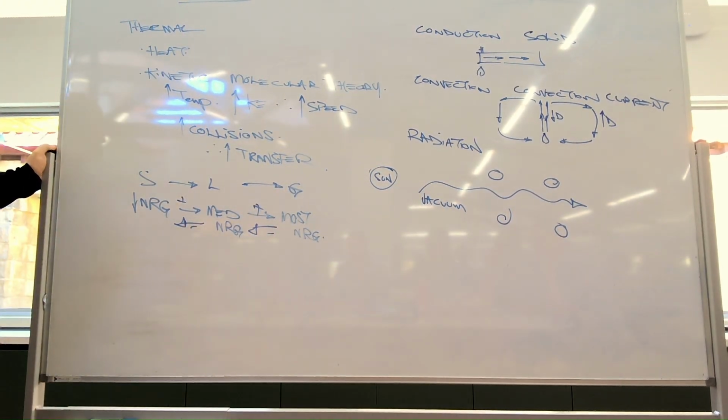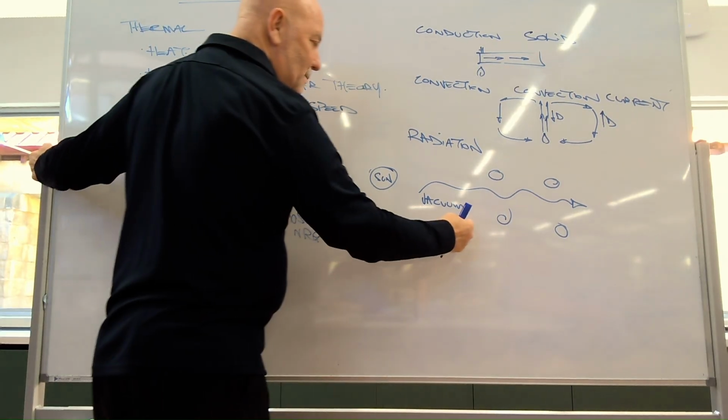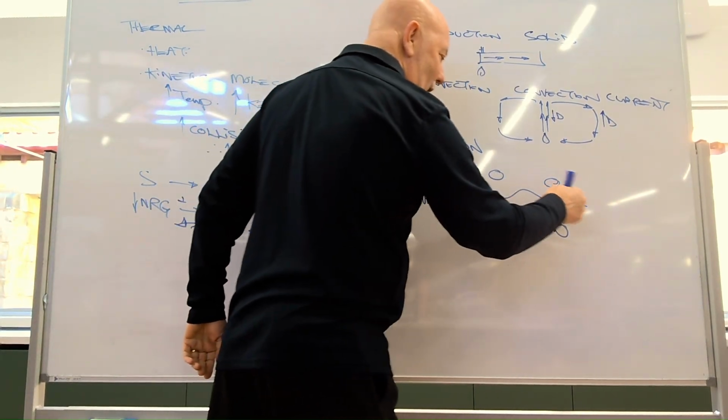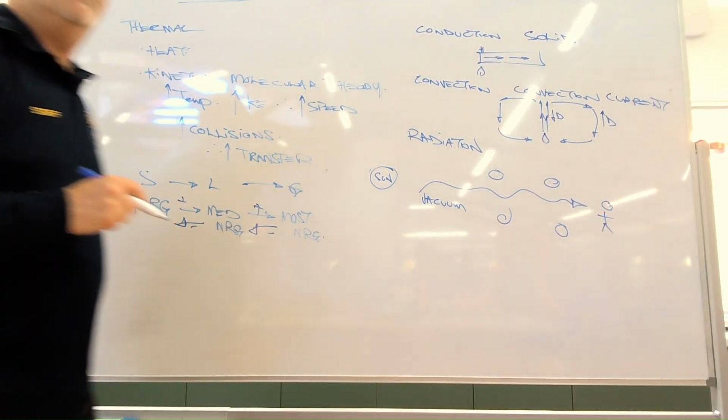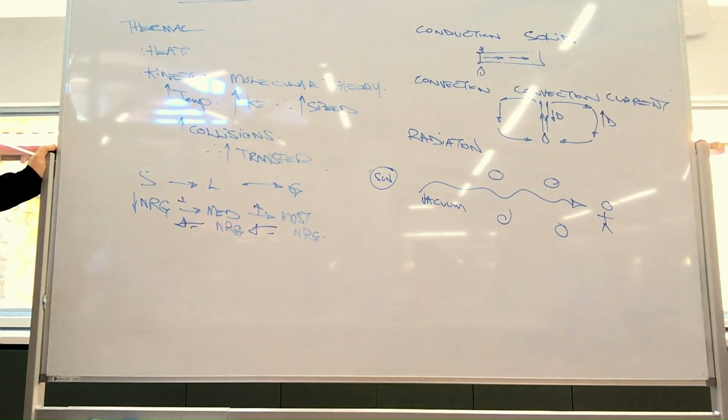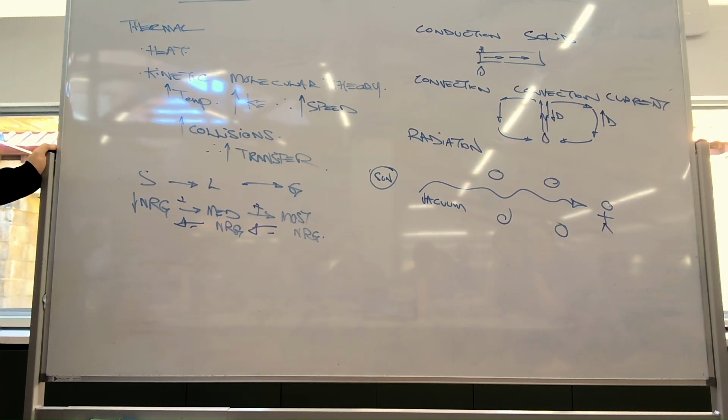Radiation doesn't need particles to be able to transfer the heat. It goes between the particles, which is how it gets through the vacuum of space and between the particles of our atmosphere to hit you on the Earth, which is how you get sunburnt from the sun. But it doesn't need particles.